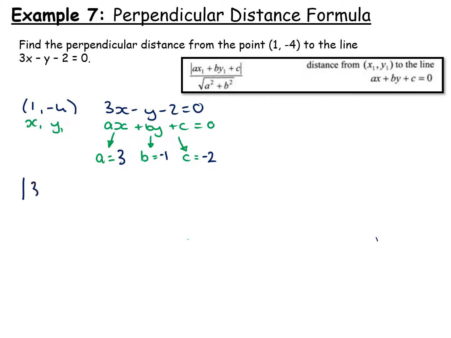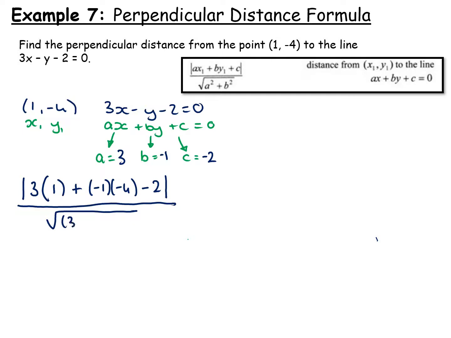So my formula is the absolute value, in modulus signs, of a times x1 plus b times y1 plus c, over the square root of 3 squared plus (-1) squared. And we're going to work this through.